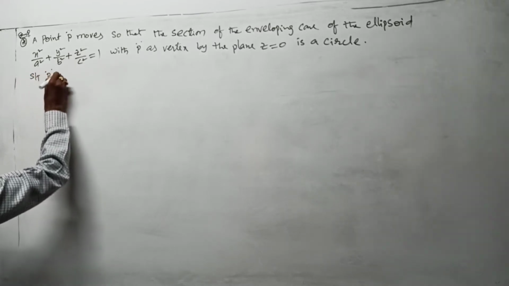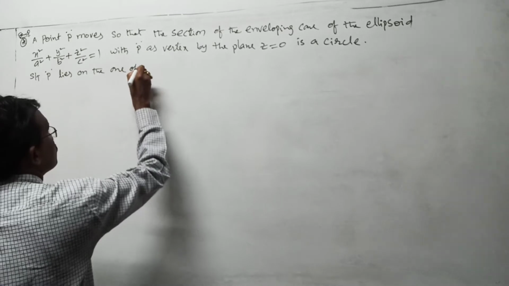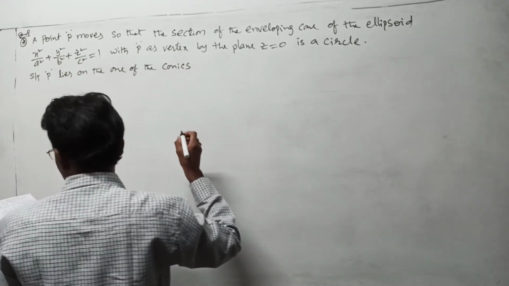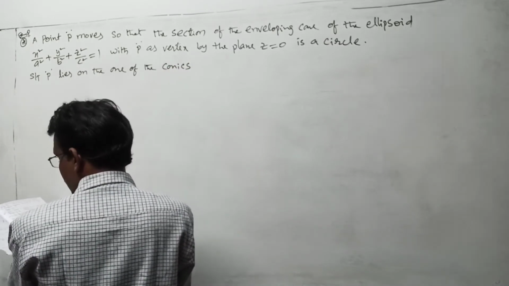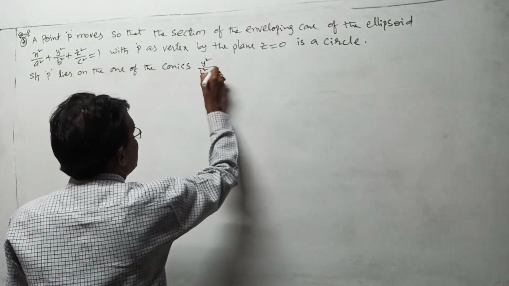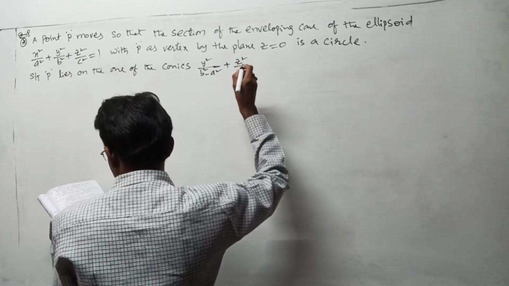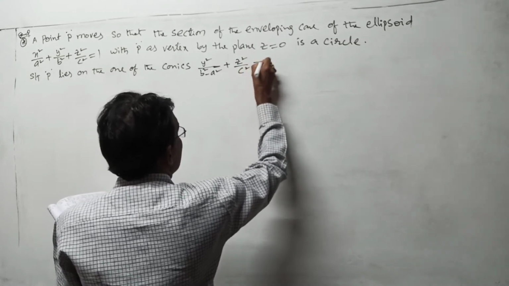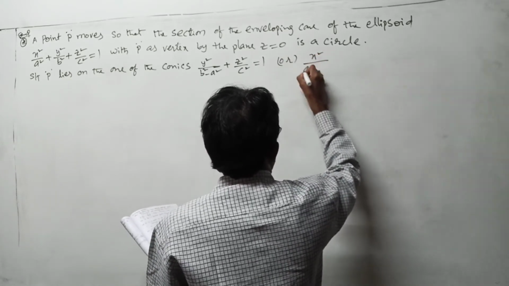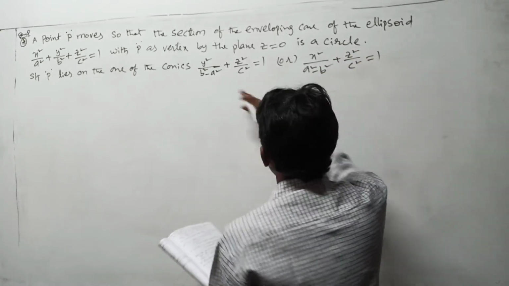Show that P lies on one of the conics y square by b square minus a square plus z square by c square equal to 1, or either this or the other one, x square by a square minus b square plus z square by c square equal to... Actually these two are the answers.